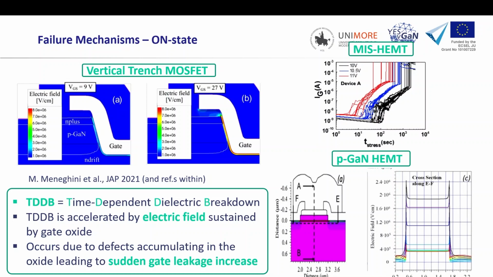This is something that was shown for a vertical trench MOSFET. You can see the electric field here. It is very high, even exceeding the critical field. So of course at this gate voltage, your device will fail much faster than in case you're applying lower gate voltage. And this can also happen, of course, for different reasons.